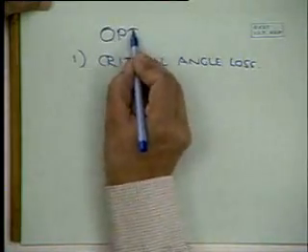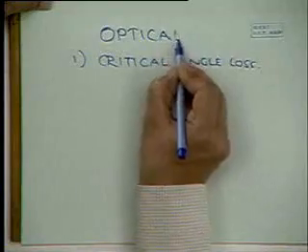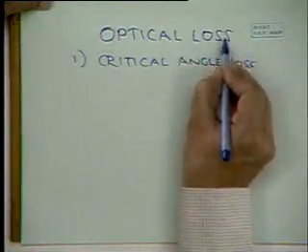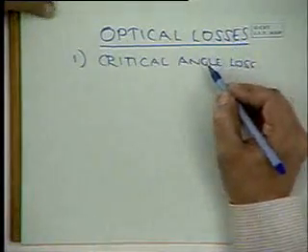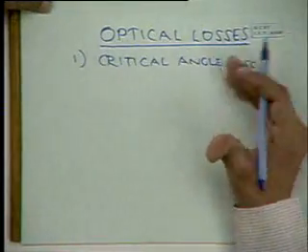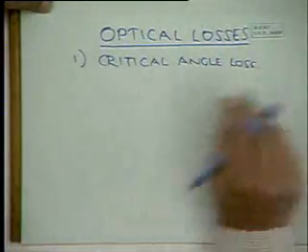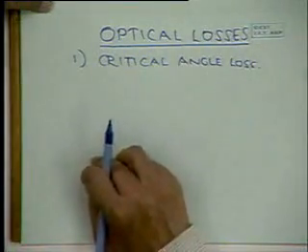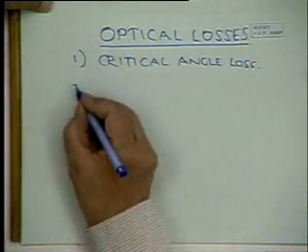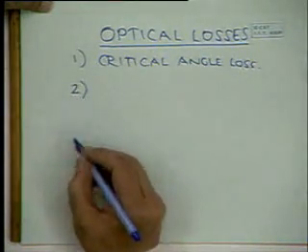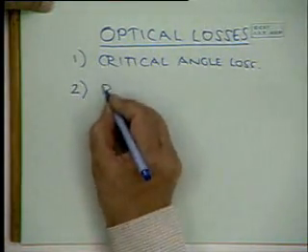Broadly, we are talking about what are the optical losses after conversion from electron-hole pairs to photons. What are the problems of extracting light from the device? There will obviously be reflection losses.